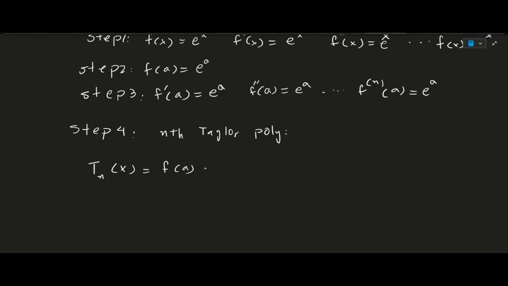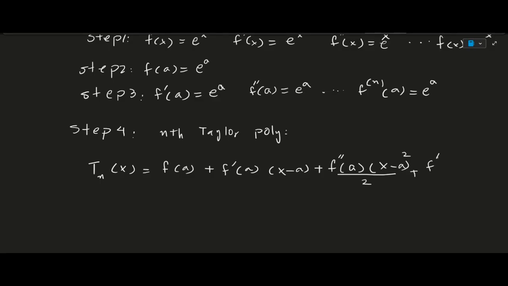It's f of a plus the first derivative times x minus a, plus the second derivative evaluated at a times x minus a to the power 2 divided by 2.